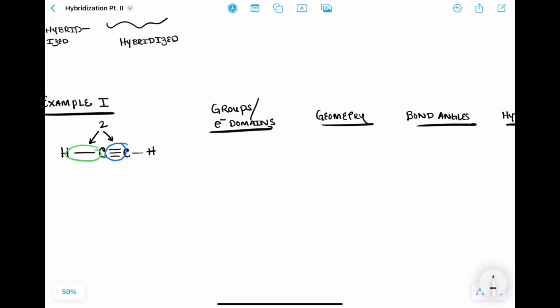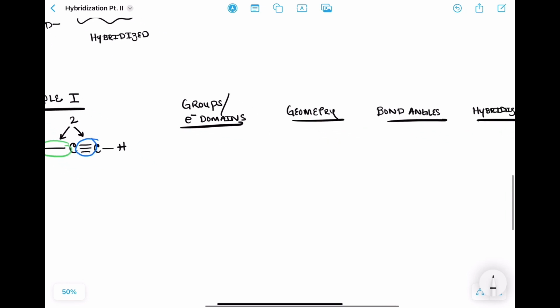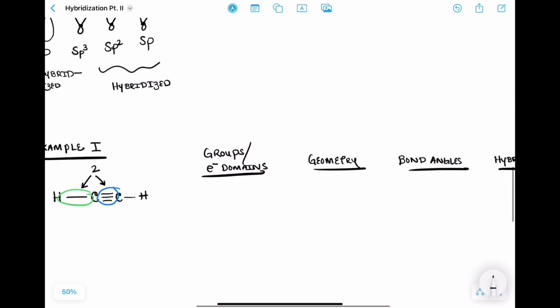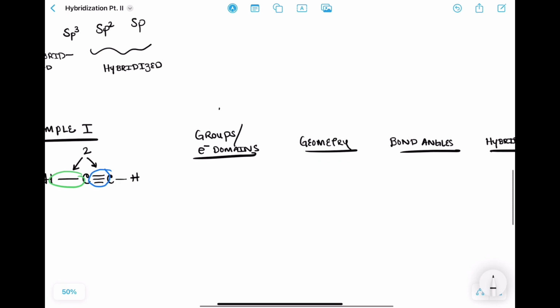In order to tell what hybridization each atom has, we figure that out via the domains. So if I were to ask, how can we tell the hybridization of an atom?